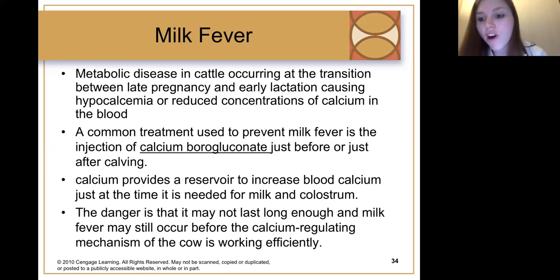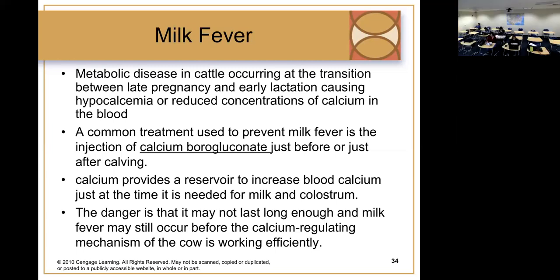But milk fever is a metabolic disease, so it's not caused by a bacteria like mastitis is. It's not an infection. It's a metabolic disease that occurs at the transition between late pregnancy and early lactation, and it causes hypocalcemia, or low calcium in the blood. That's not going to be good for the cow.